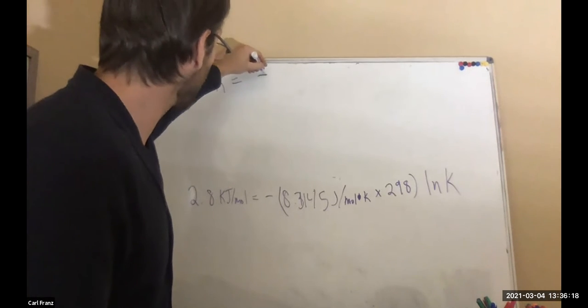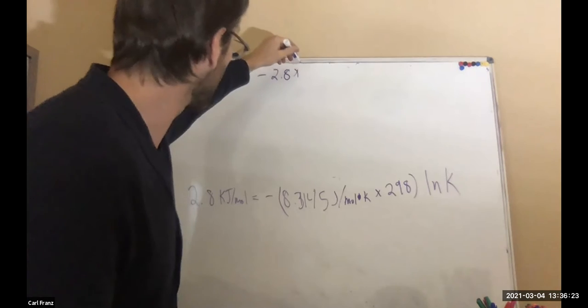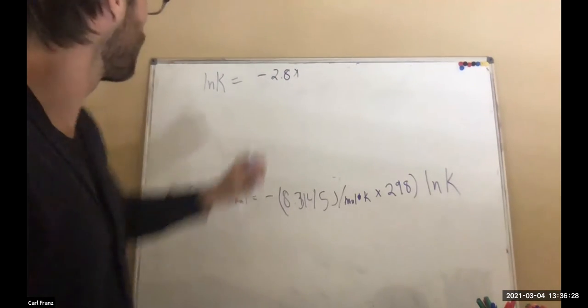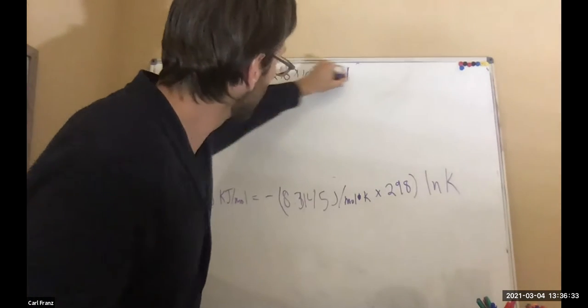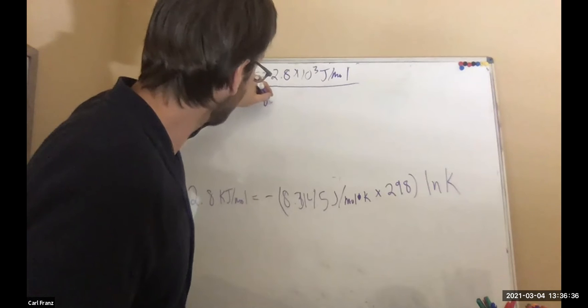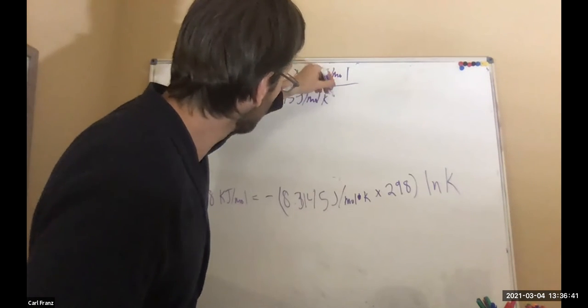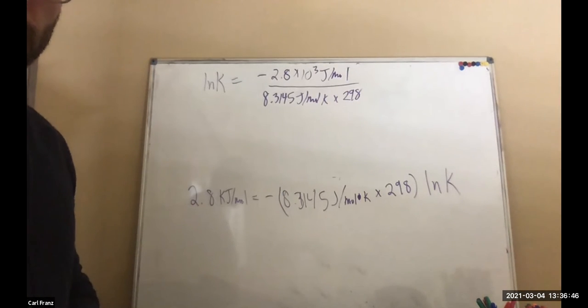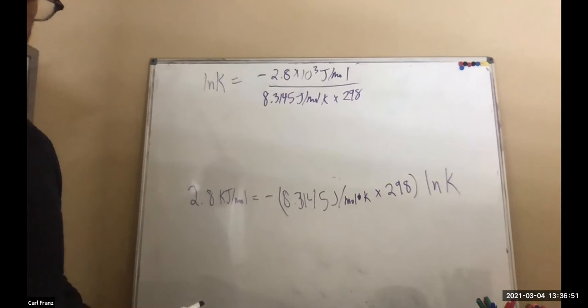We could say a negative 2.8 times 10 to the third joules per mole over 8.3145 joules per mole Kelvin times 298. What do we get for that?